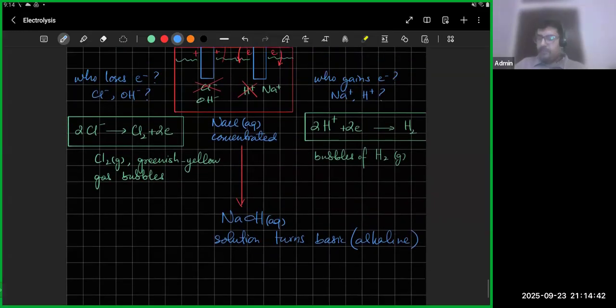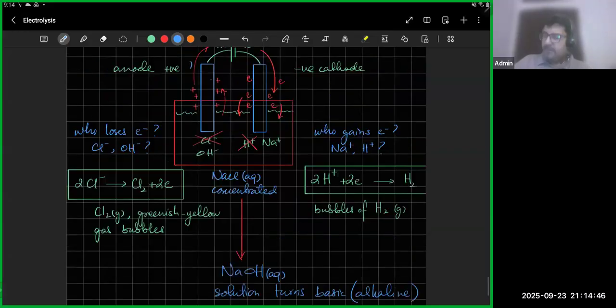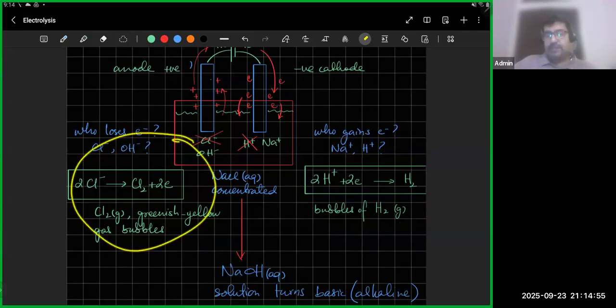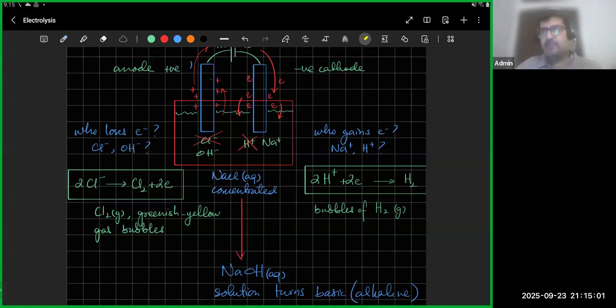Okay. So remember two things. You'll be asked about observations at the cathode, you'll be asked about the equations at the cathode, you'll be asked about the equations at the anode and the observations. You have to remember the equation and the observation. They're two different things. Okay? When they're asking about observations, they don't want the equation. They just want what you're going to see.